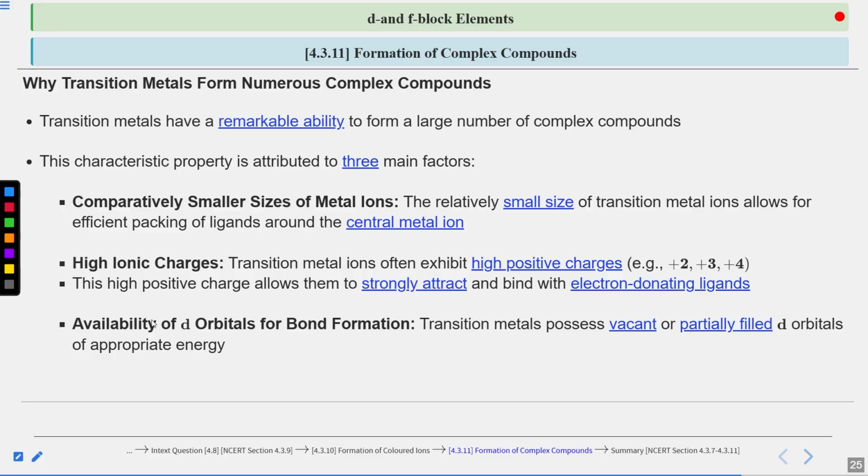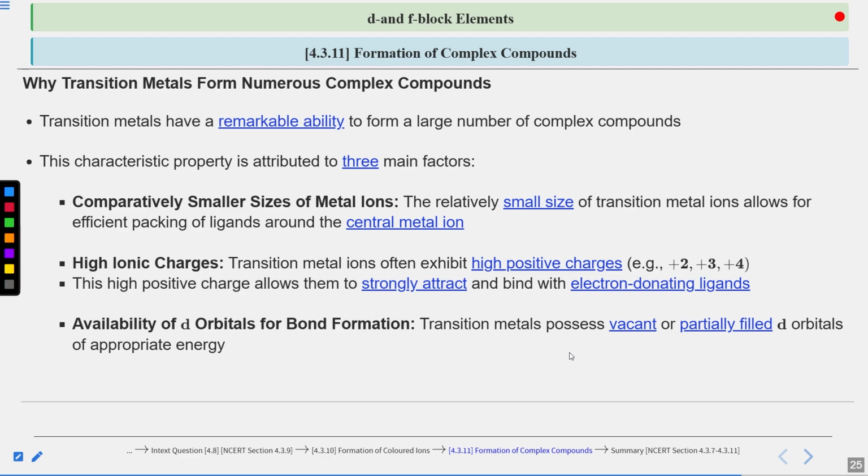The third factor is availability of d orbitals for bond formation. This is important. The transition metal possesses vacant or partially filled d orbitals. Transition metals have either vacant d orbitals or partially filled d orbitals.